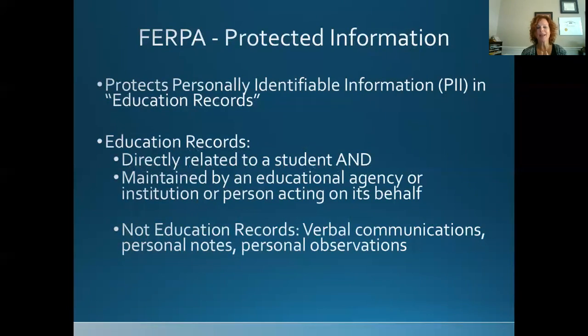Under FERPA, an education record is a record, written information, that directly relates to a student and is maintained by an educational agency or institution or a person acting on behalf of an educational agency or institution. Education records do not include verbal communications, personal notes of a school administrator or school official, and personal observations.